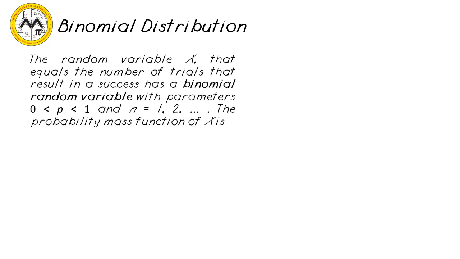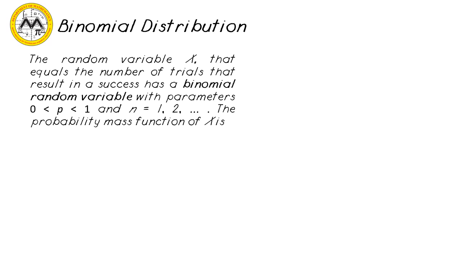The random variable X that equals the number of trials that result in a success has a binomial distribution with the parameters p between 0 and 1 inclusive and n equal to 1, 2, and so on.